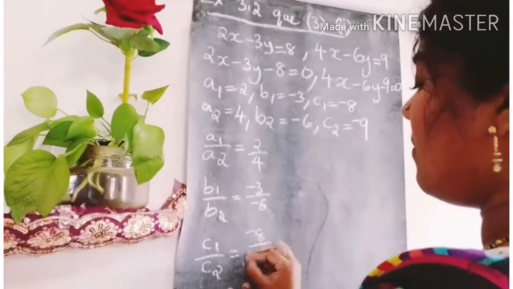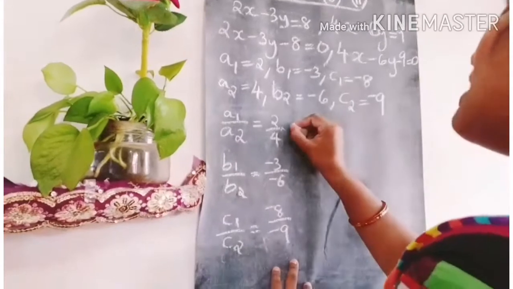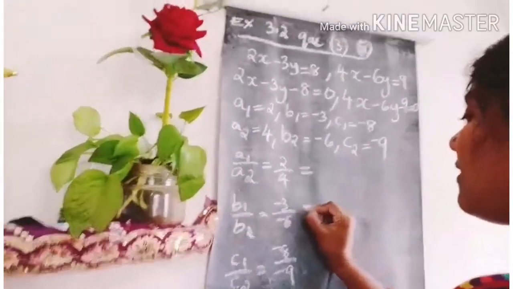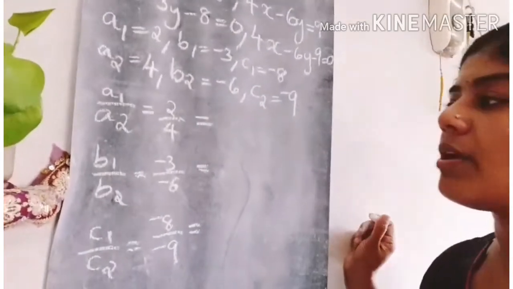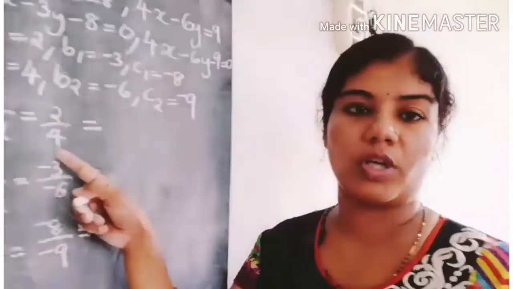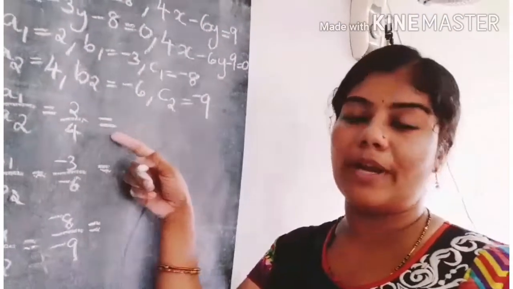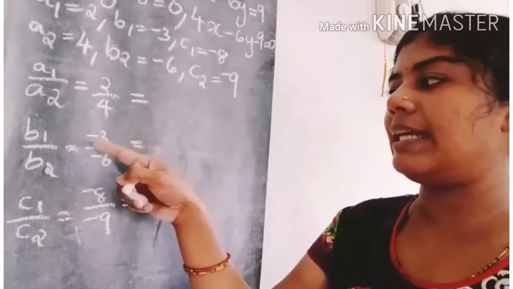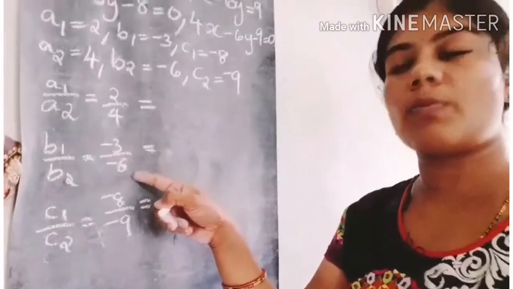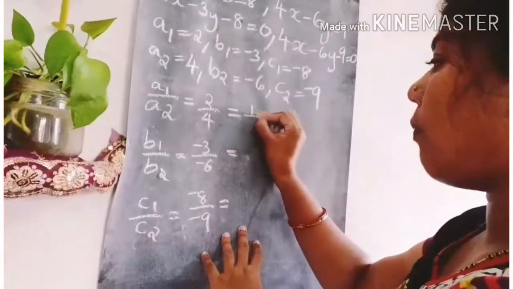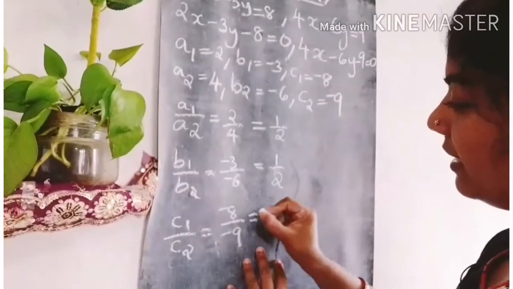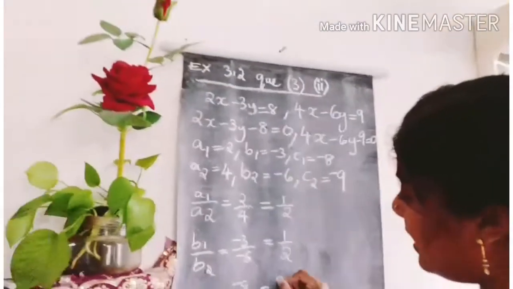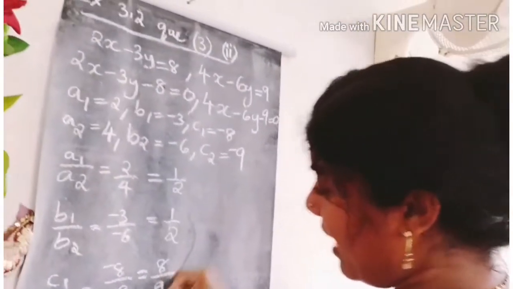As I said before, we have to write the shortest form for each one to compare. So a1 by a2, 2 by 4, we can cancel it to 1 by 2. Here also negatives will be cancelled and we can write 1 by 2. And here negatives will be cancelled and you will get 8 by 9.